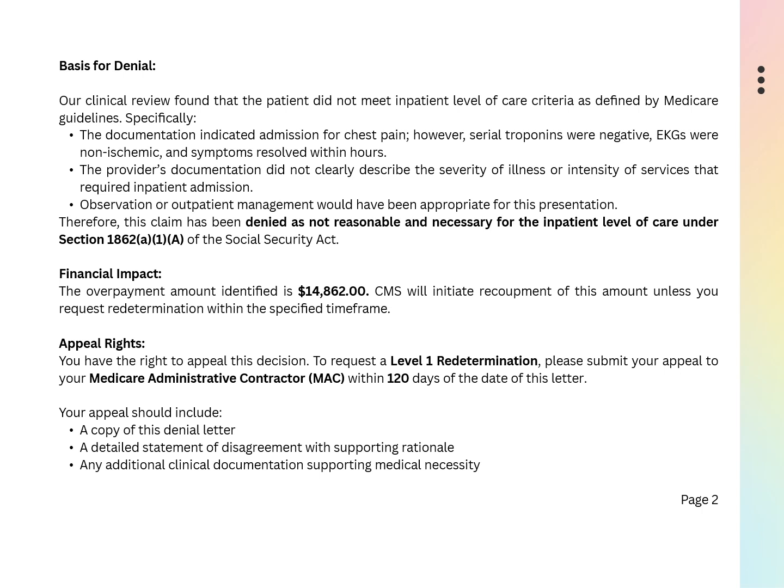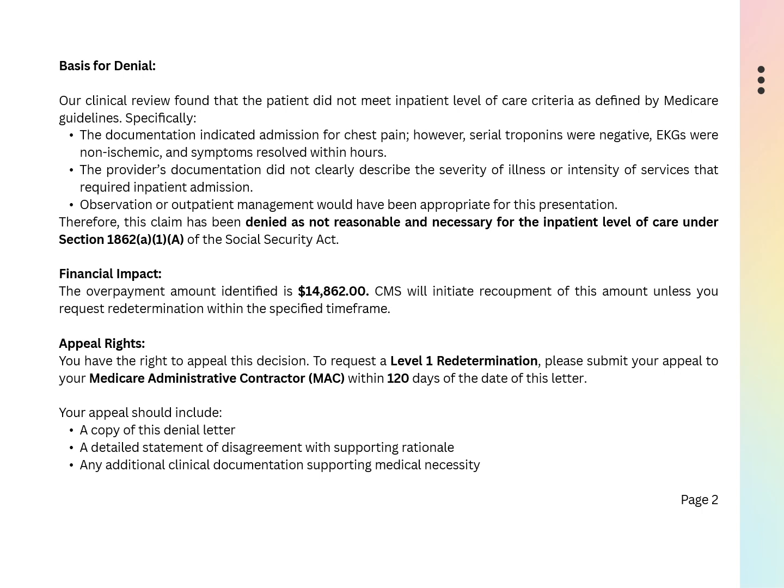Specifically, the documentation indicated admission for chest pain, however, serial troponins were negative, EKGs were non-ischemic, and symptoms resolved within hours. The provider's documentation did not clearly describe the severity of illness or intensity of services that required inpatient admission. Observation or outpatient management would have been appropriate for this presentation.